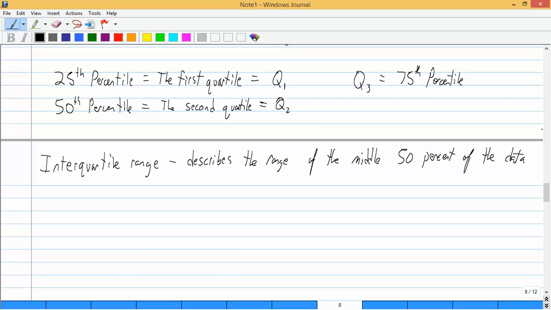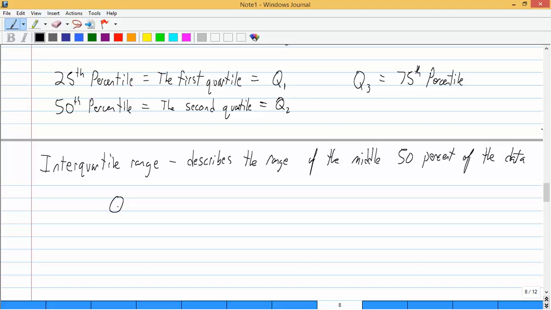Well, if you could figure out the first quartile and you could figure out the third quartile, so you figured out the 25th percentile and you figured out the 75th percentile, 75 minus 25 is 50. So that's how you find the interquartile range.